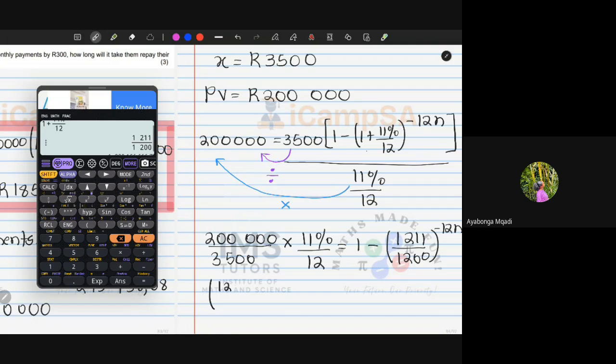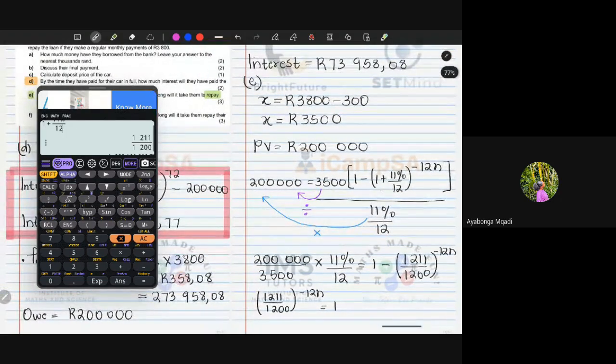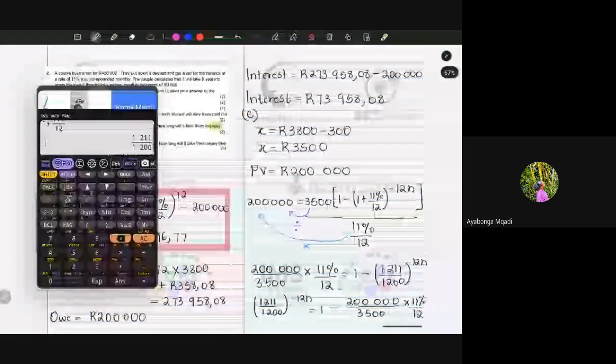So I'll have 1,211 divided by 1,200 to the power of minus 12n equals, I'll transpose to the other side and have 1 minus 200,000 divided by 3,500 multiplied by 11% divided by 12.